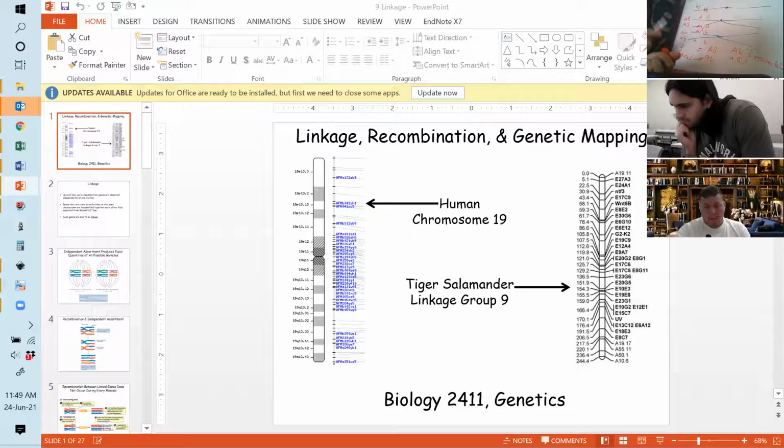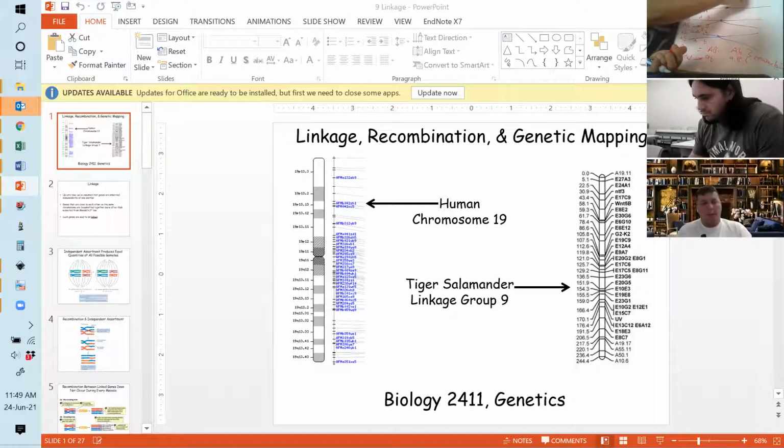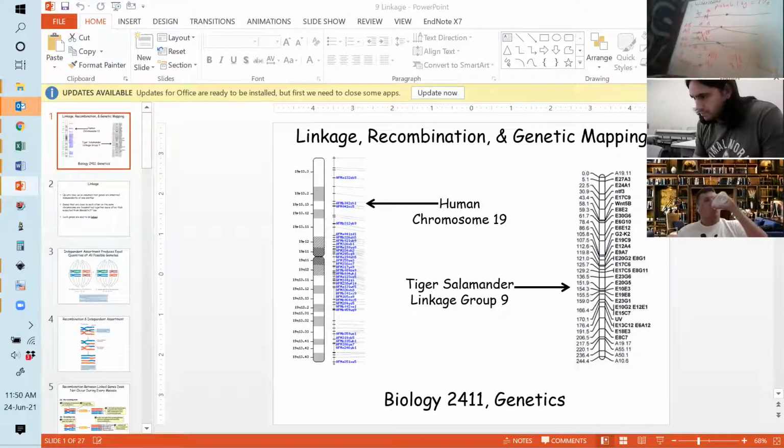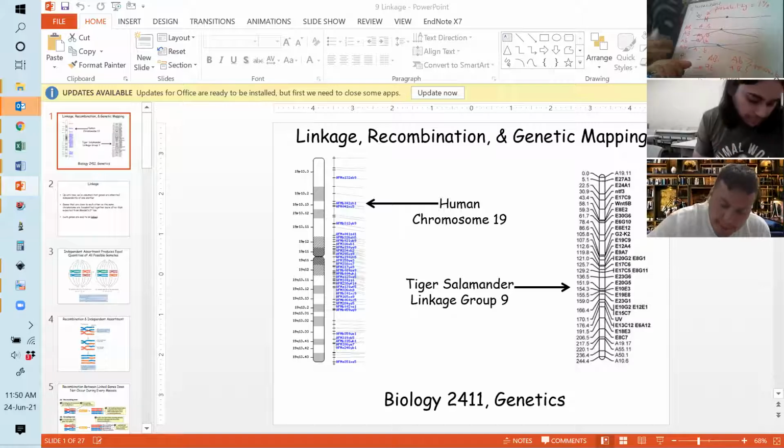Now, this is where we get into the math. Let's write this down first. Let's say the probability is 1% of that occurring in that given bit of DNA, or length of DNA, whatever you want to call it.